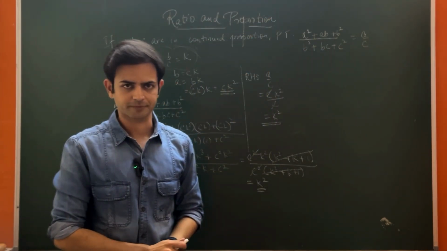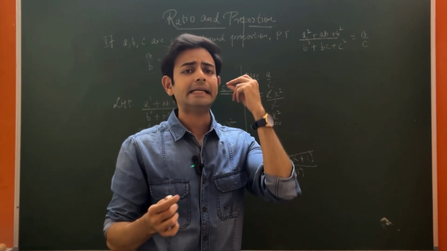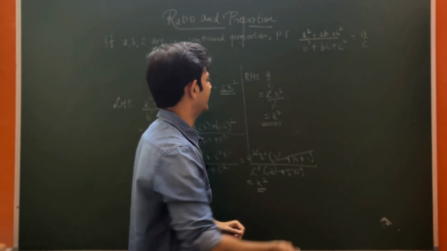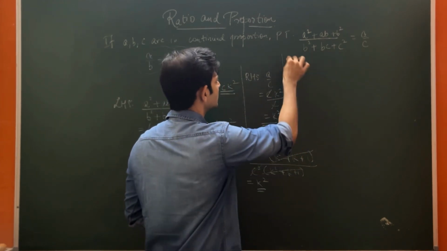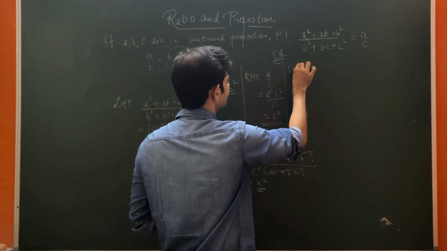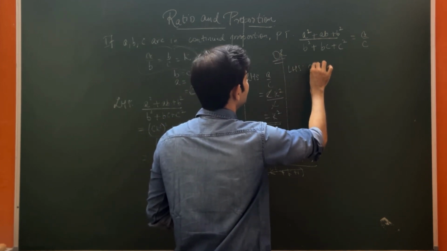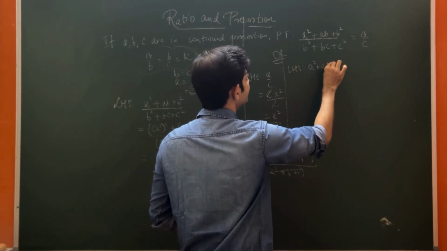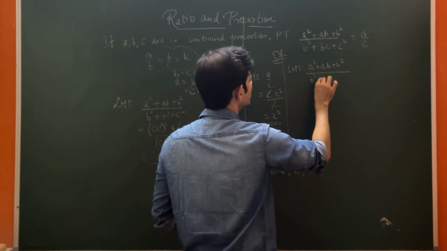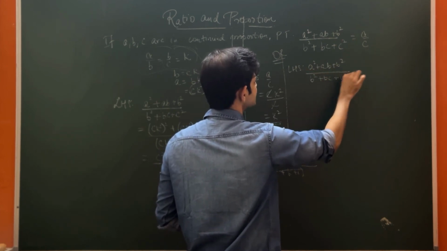This part is proved. Now in case it clicks you in the exam to use a shortcut, there is a shortcut as well. So we take the LHS again, that is A square plus AB plus B square upon B square plus BC plus C square.